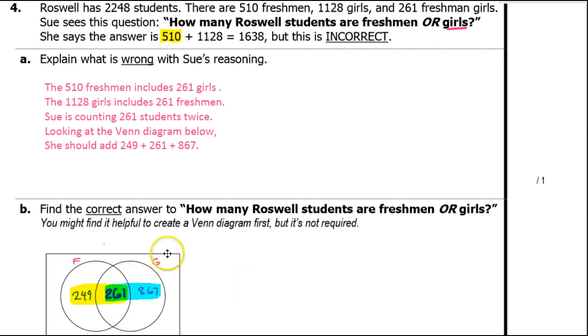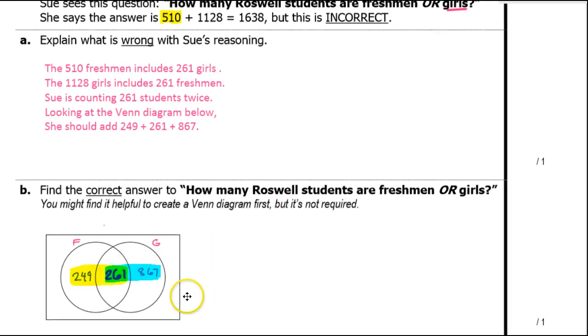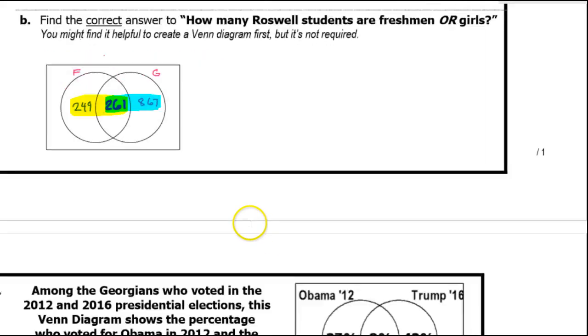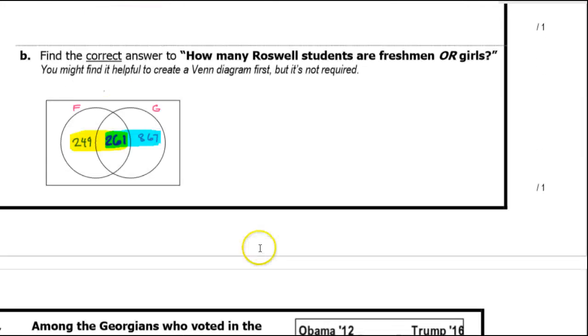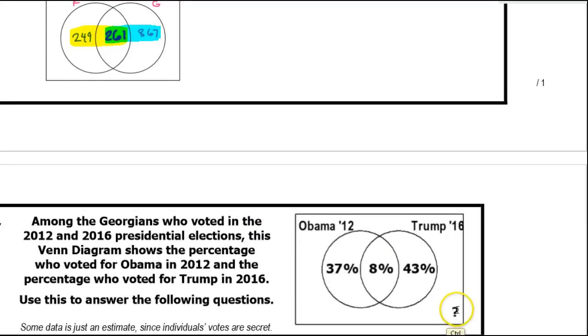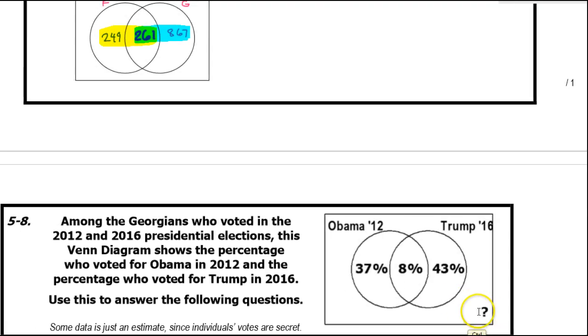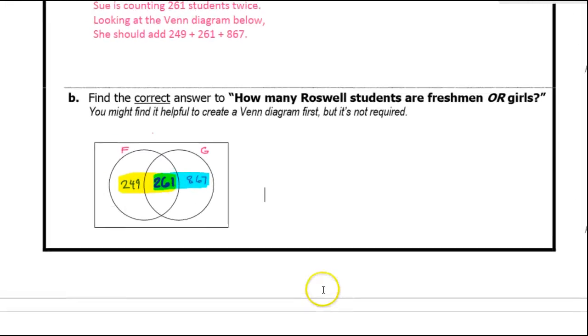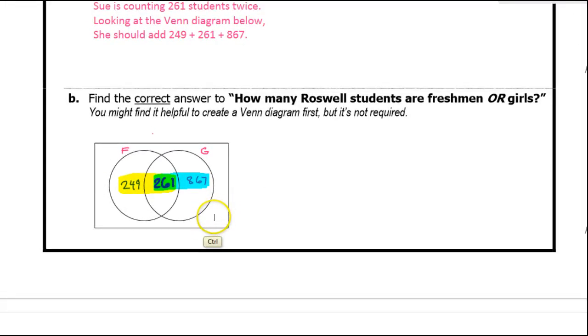Okay, now let's go on and finish off this Venn diagram for fun, because there's another Venn diagram problem coming. See this little question mark? This was a common mistake I saw. A lot of students left that blank. So there should be a number out here.